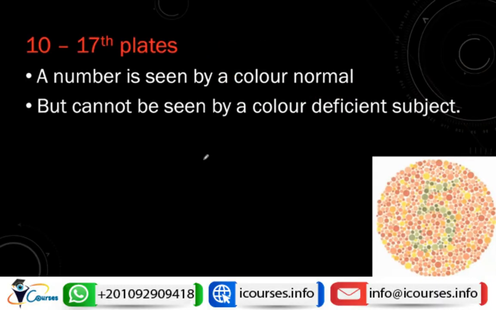For plates 10 to 17, there is a number seen by the color normal but not by the color deficient subject. They test the different types of color blindness.